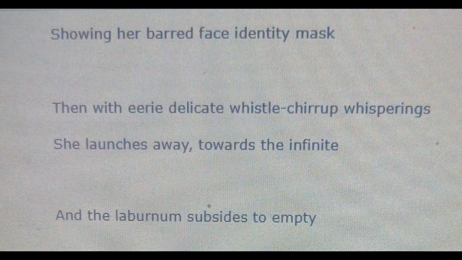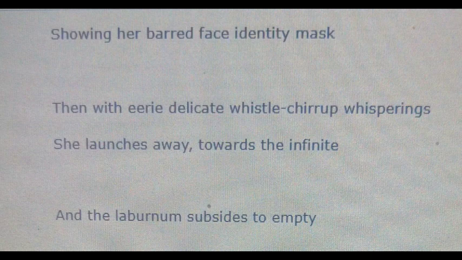And in the last stanza, then with airy delicate whistle chirp. Airy means strange in a frightening or mysterious way, and then with very delicate. After some time, this goldfinch makes a strange, short, high pitched sound. And why?